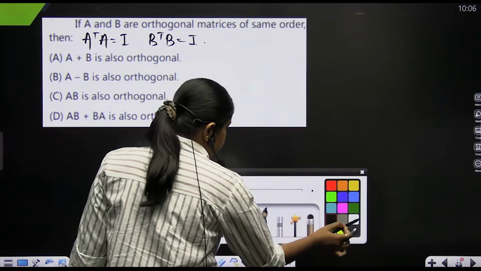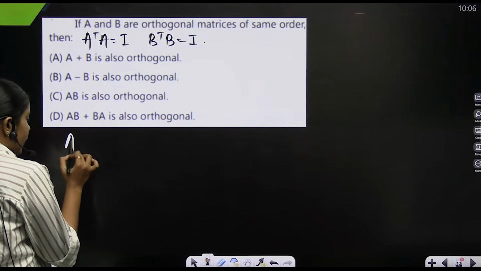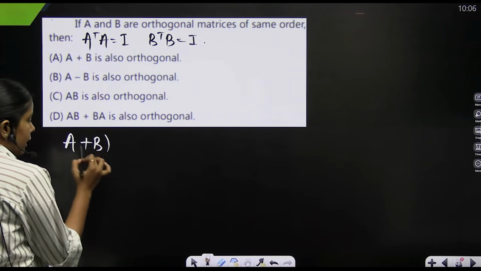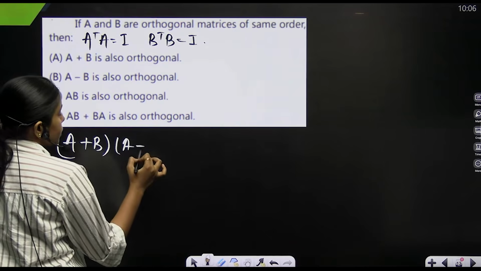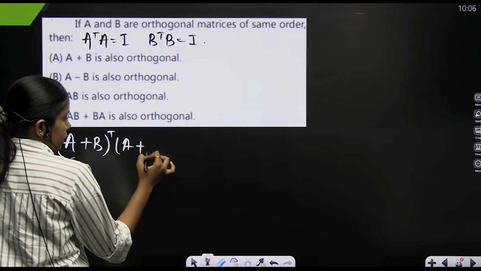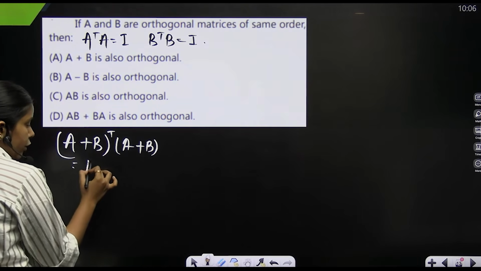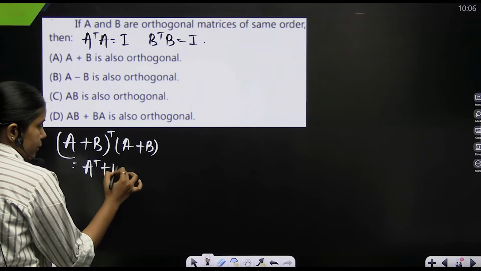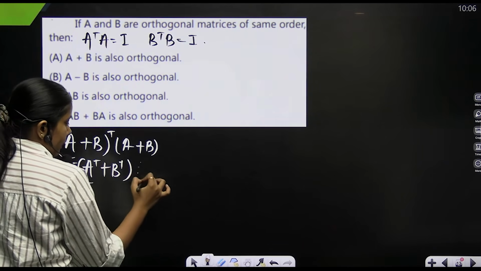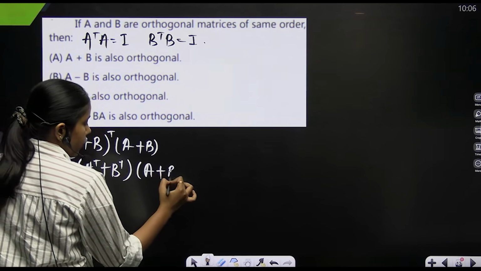Now let's check for A plus B. I'll multiply A plus B transpose with A plus B. So it becomes A transpose plus B transpose, into A plus B. What would it become?